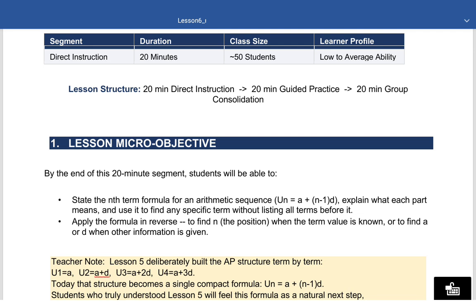I want to repeat. Be careful with the n minus 1. Please, it is n minus 1. So this equation is wrong. Okay, it's always n minus 1 times d.